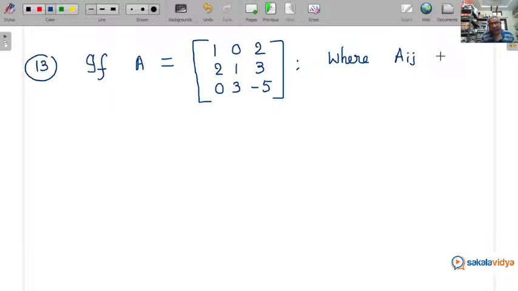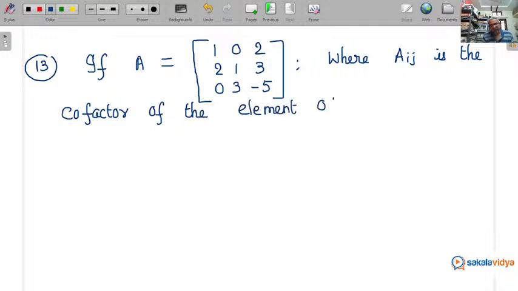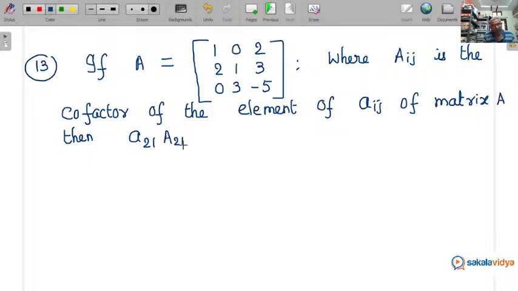Aij is the cofactor of the element Aij of matrix A, then a21 into capital A21 plus a22, that means element a22 into its cofactor capital A22, plus a23 into capital A23 is equal to the value we need to find out.